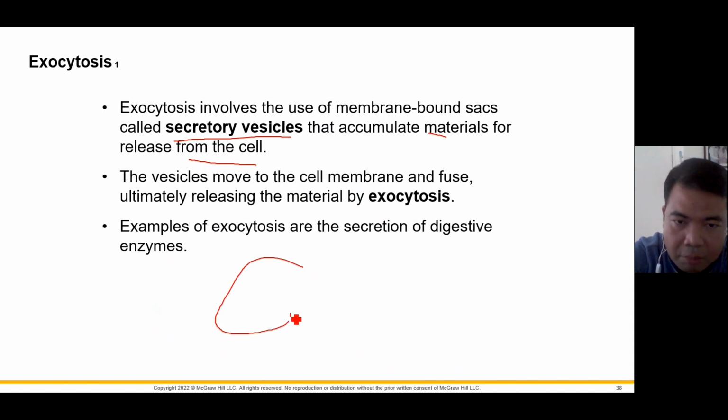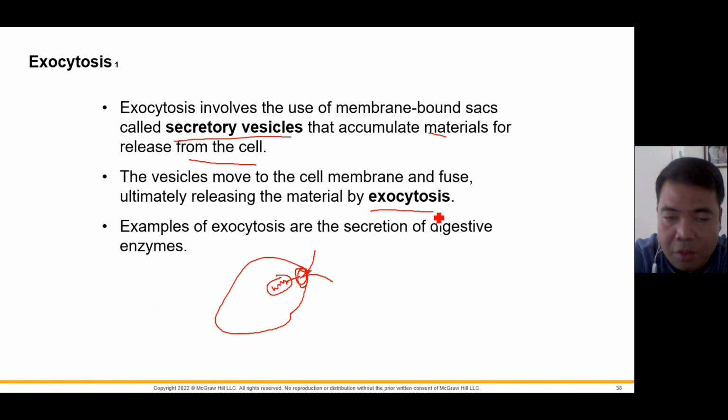For example, this is the cell, and these are your secretory vesicles. Nandun sa loob ngayon yung substance that accumulate inside those secretory vesicles. When those secretory vesicles move towards the end or they fuse on the cell membrane, they create an opening on the cell membrane where they can readily release those substances outside of the cell through the process of exocytosis.